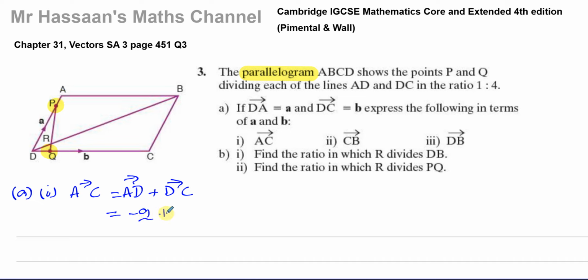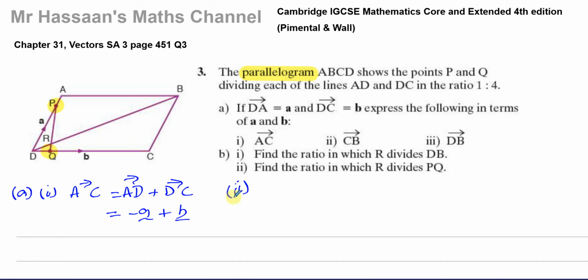Parallel vectors can be expressed in terms of each other, as long as they're parallel. They can't be just the same length, they must be parallel. If they're parallel but in opposite directions, then they are negative of each other. And DC is just the vector b. So we have minus a plus b. That's the answer, part a, part 1.